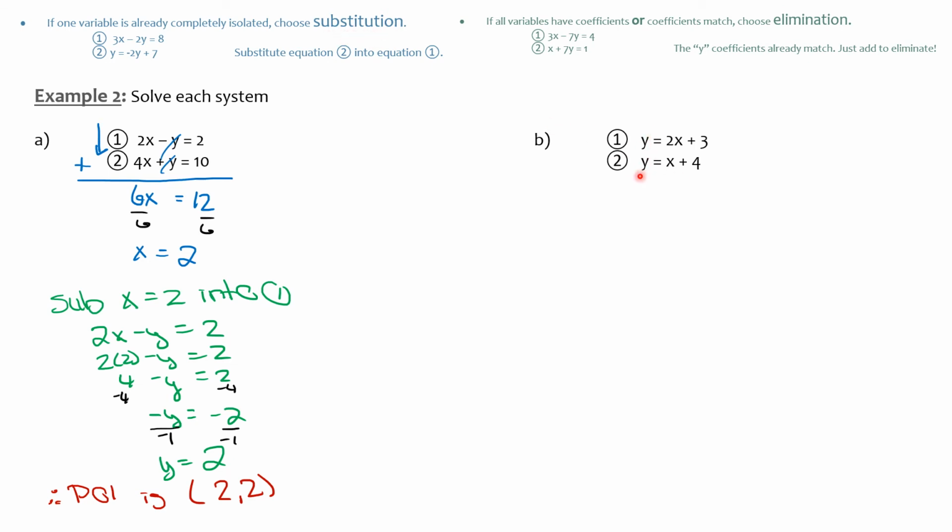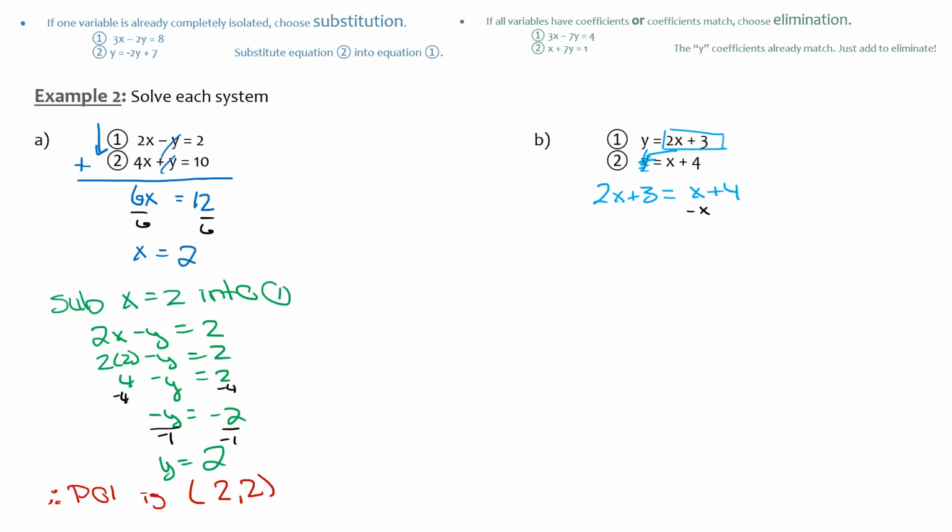Both y's are isolated, so I could pick whichever one I want to put into the other. So let's take this y value here, which is 2x plus 3, and sub it into that y. So instead of y, I'm going to put 2x plus 3 equals x plus 4. Now I'm going to collect my x's.